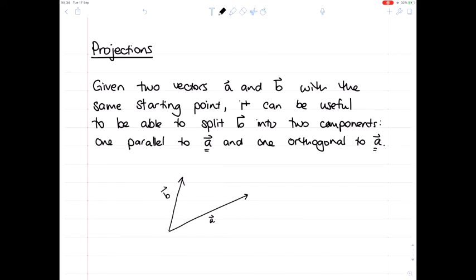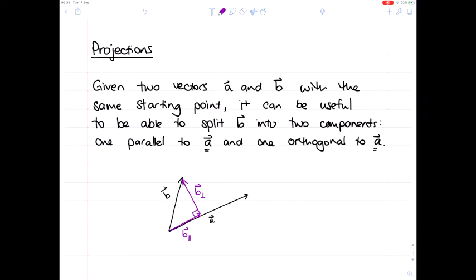And we're going to write our vector b as a sum of two vectors, one vector which goes parallel to a, which we're going to call b parallel, and we're going to add to b parallel a vector b perpendicular.